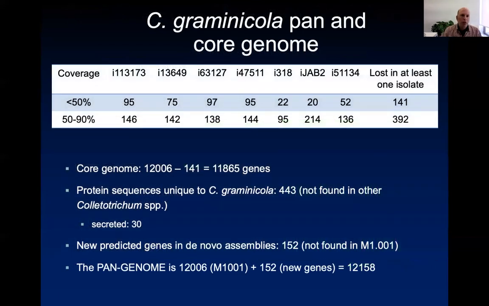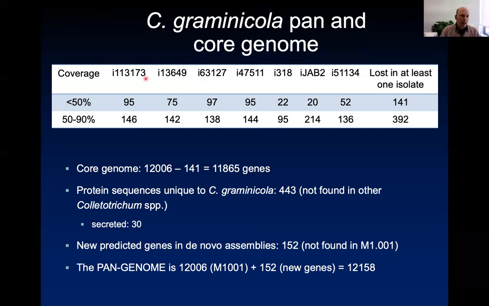Now, for the core genome of the pan-genome and the core genome of Colletotrichum graminicola, what we did for this analysis is, basically, when we sequenced the genomes of these different isolates, we had the intention of performing de novo assemblies, but the assembly quality varied a lot between different isolates.